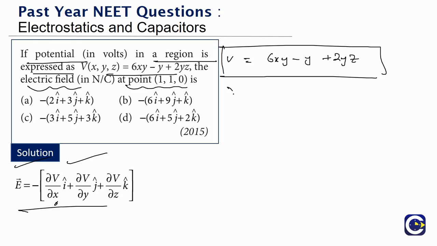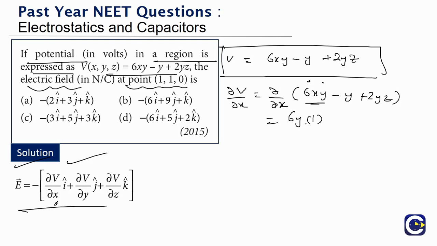So look at this. What will be dou v by dou x? We are taking the partial derivative of this entire function, 6xy minus y plus 2yz. When you take a partial derivative with respect to x, only x will be the variable, and y and z are taken as constants. So in the first term, 6 is a constant, y is also a constant, so 6 into y, and the derivative of x with respect to x is 1.